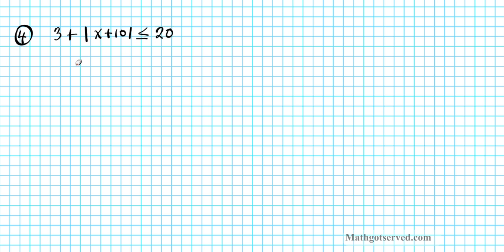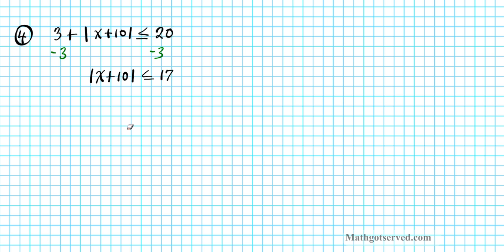So to get our absolute value quantity isolated, we'll subtract 3 from both sides. So we have the absolute value of x plus 10 is less than or equal to 17. Now, since you have a less than or equal to, that means you have a sandwich situation.